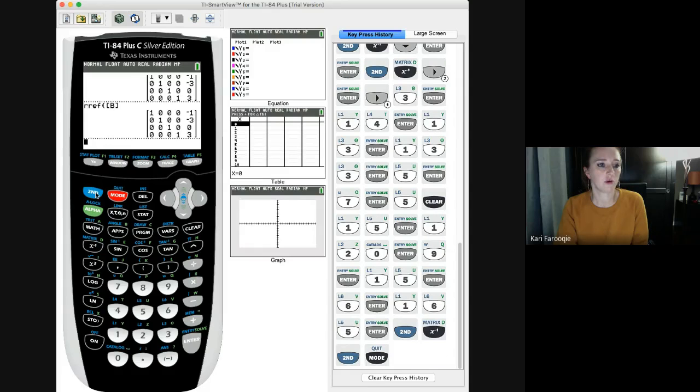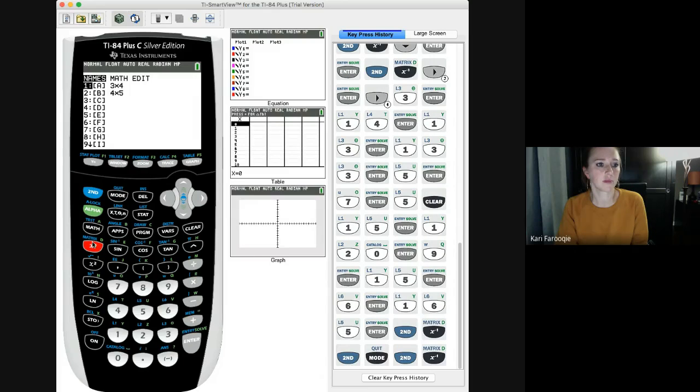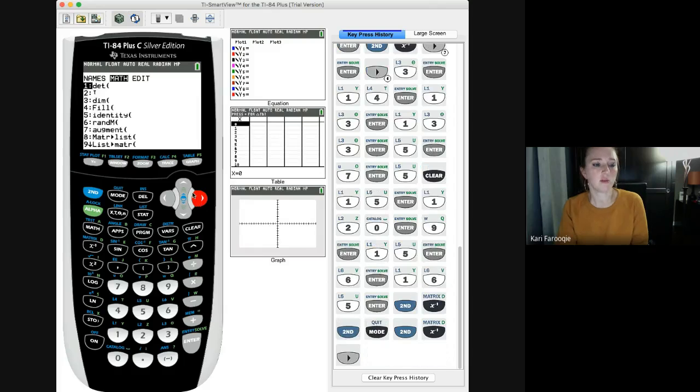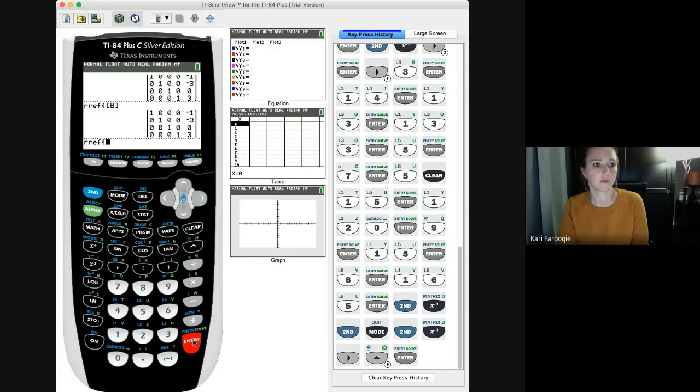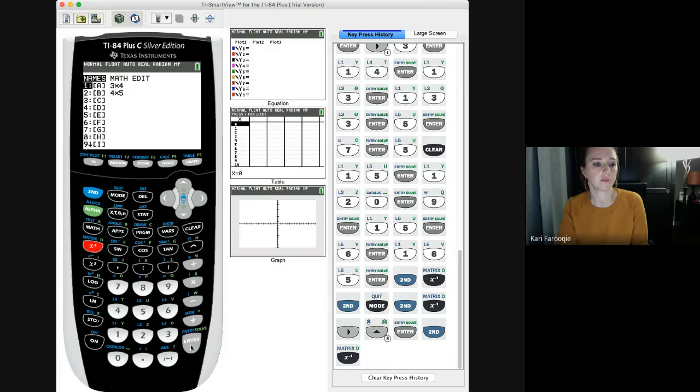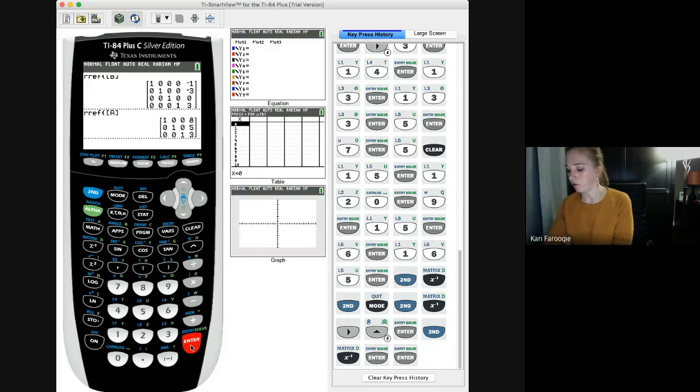Going back to my home screen, I'm going to go to the math menu, scroll up to RREF, and I'm going to select matrix A. And we get x equals 8, y equals 5, and z equals 3.